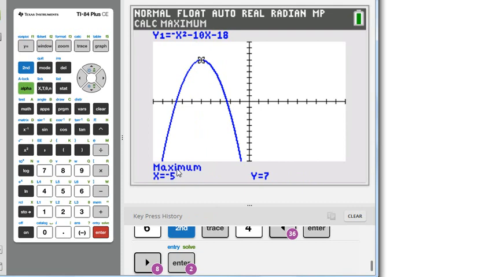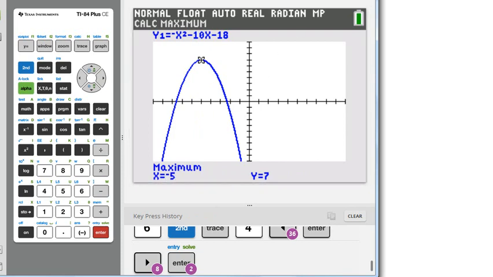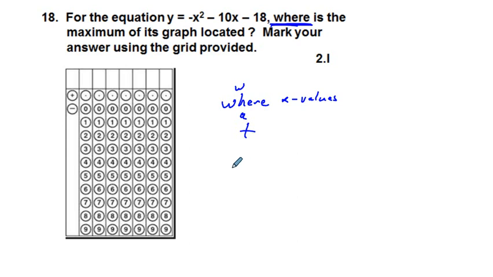Here's the thing: I had people put down 7 a lot, but where it occurs is at x equals negative 5. So we have the coordinate pair negative 5, comma 7. But when we talk about where, we're talking about the x value.